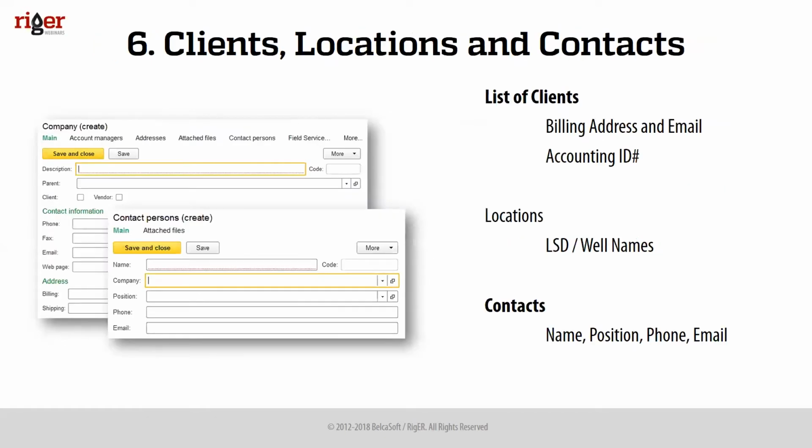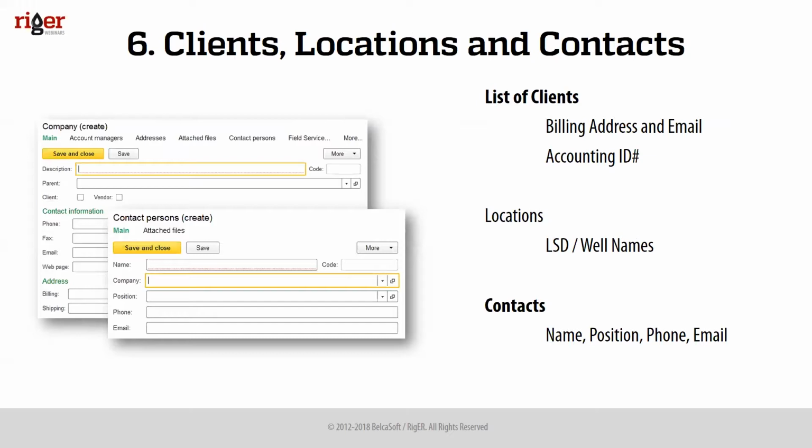The next step, we enter clients, locations, and contacts. So we have three levels of information about our clients. It will be a client list with billing addresses, emails, accounting ID numbers to integrate with accounting systems. Location, and it could be a sub-location.